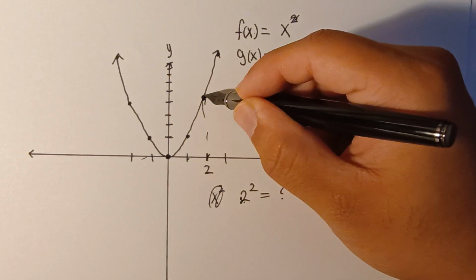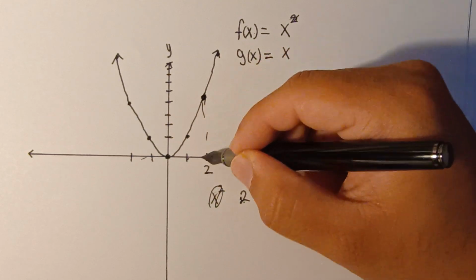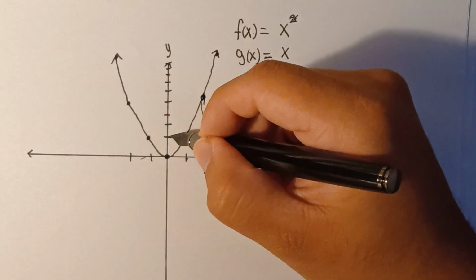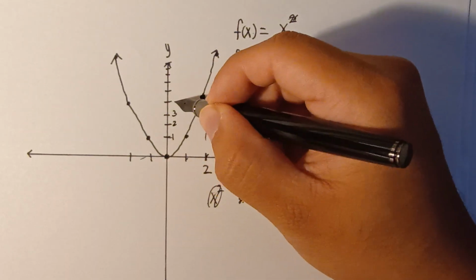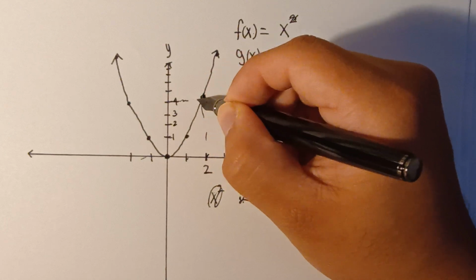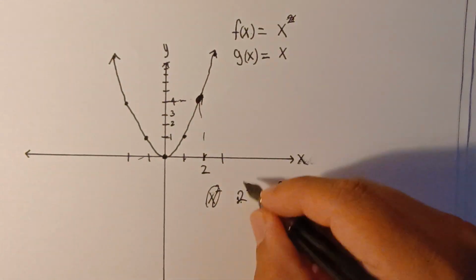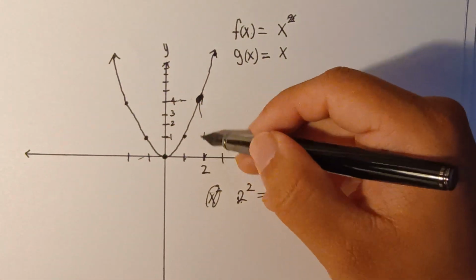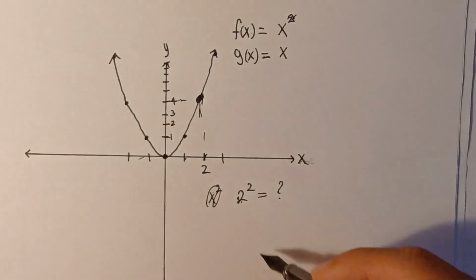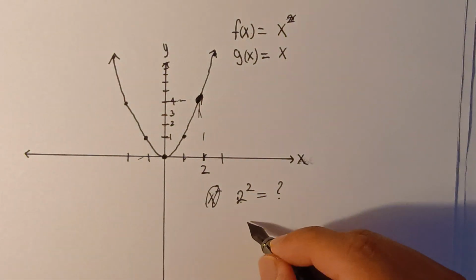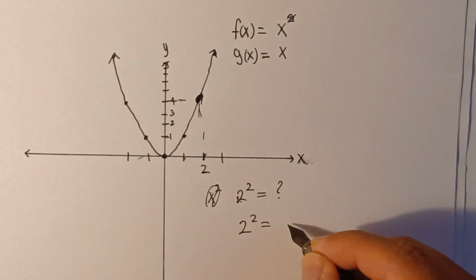This is where the point touches the line, and this is our answer. So we see it's 1, 2, 3, 4. Not very accurate there. But based on where the point touches the line, our answer is 4.